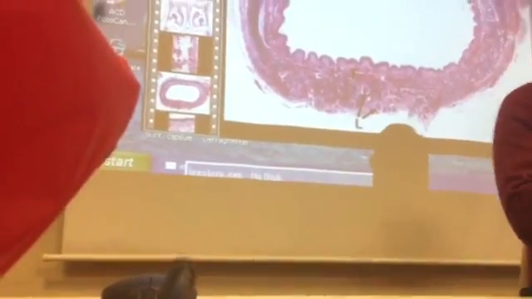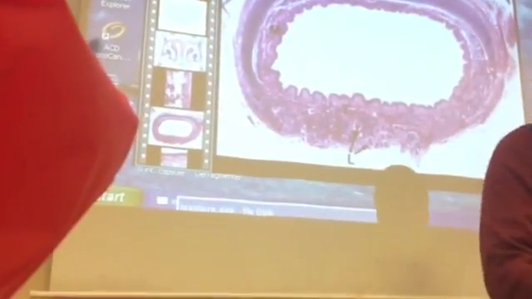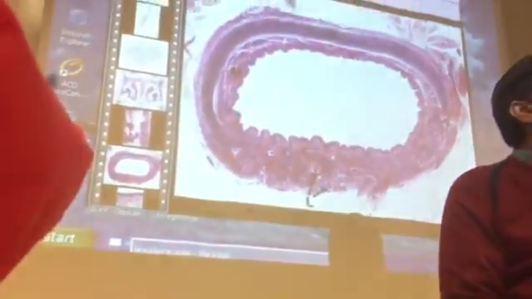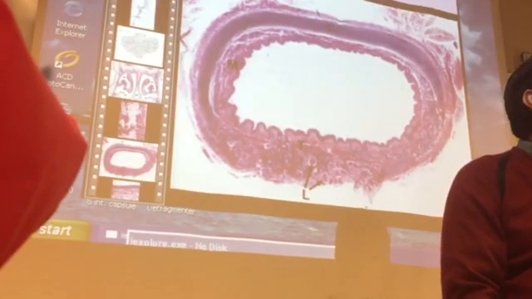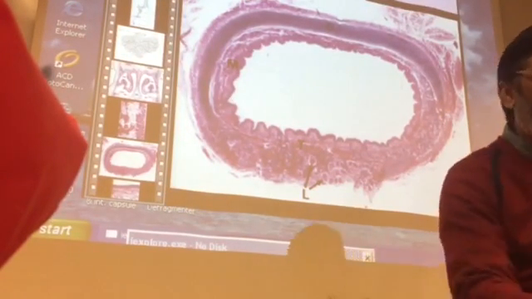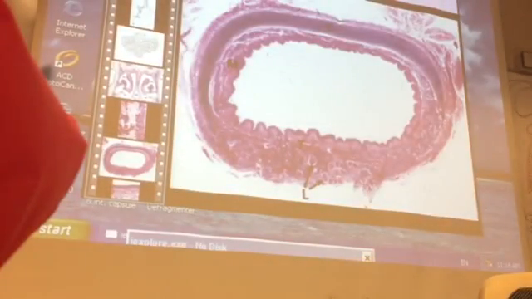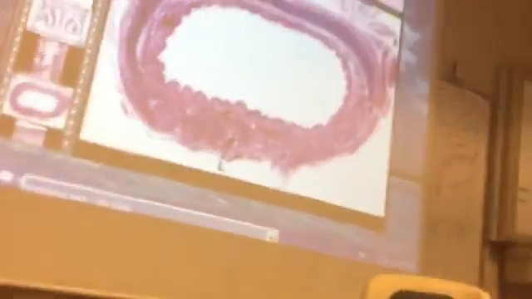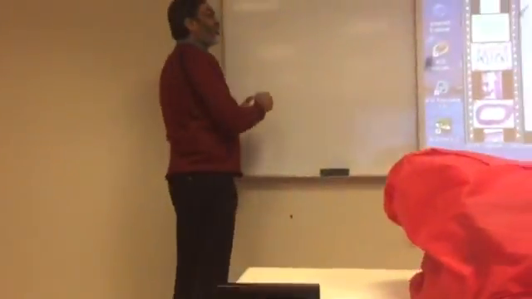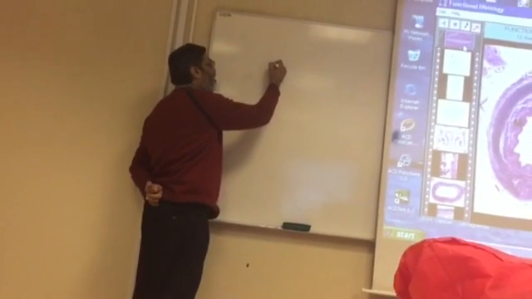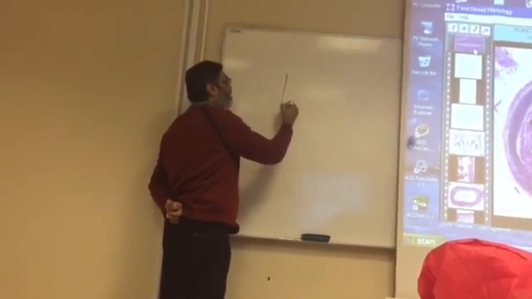Now, you know the vocal folds, yes? You know the vocal folds, vocal cords, you know? So the larynx is a box-like structure. Let's say the larynx is like this, like a box.